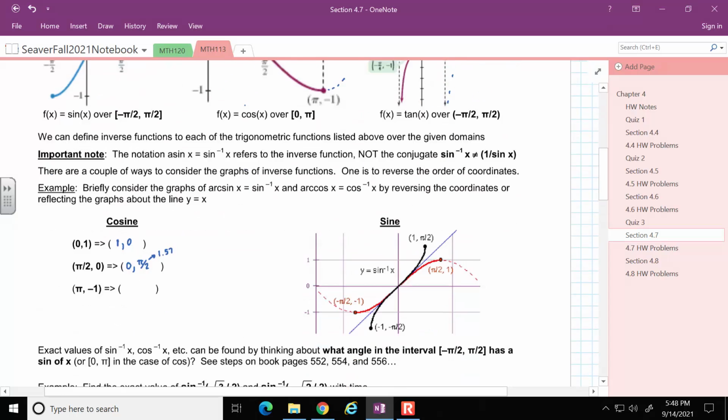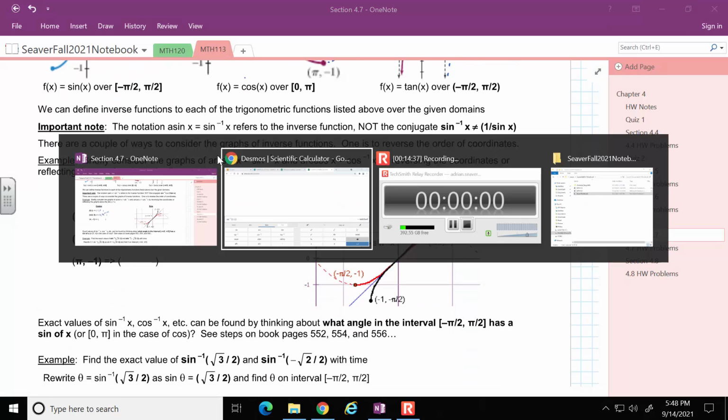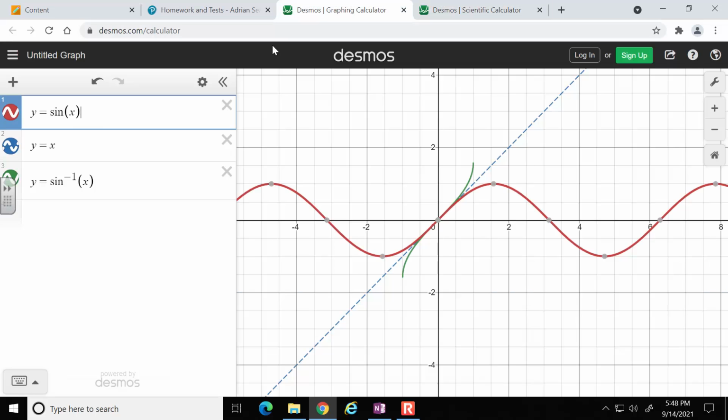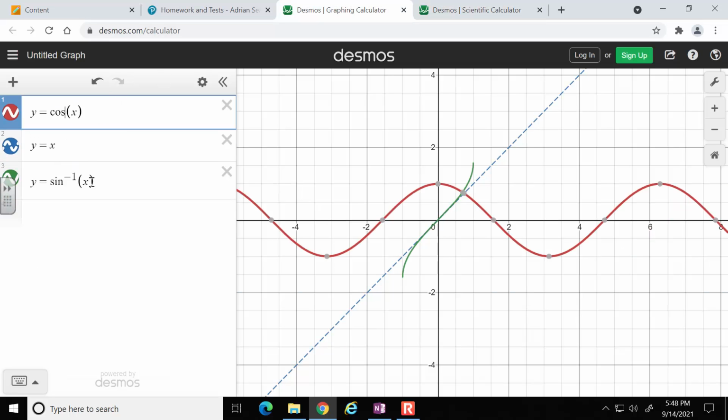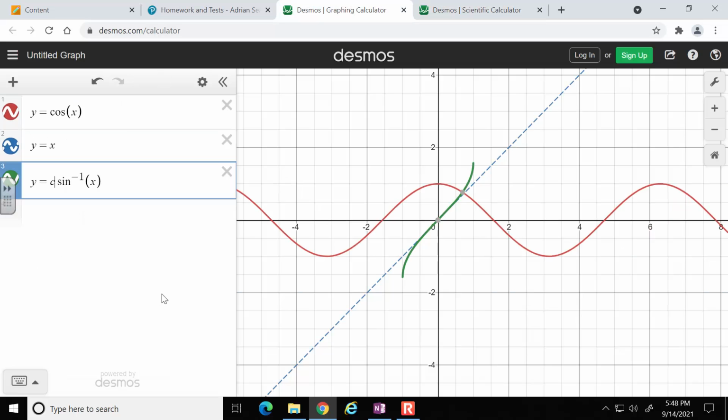Oh, I don't have that drawn on. I don't have the inverse cosine graph. Let's look at that real quick. I better make sure that's correct.